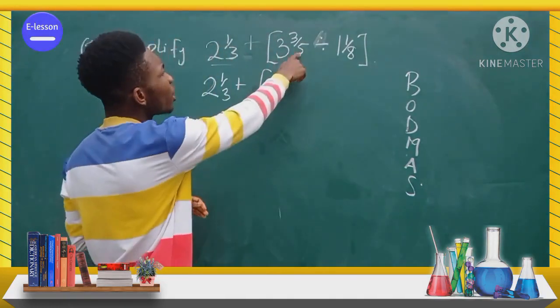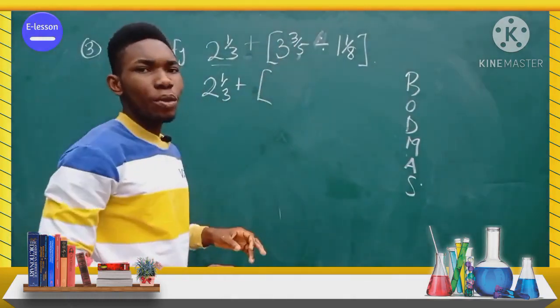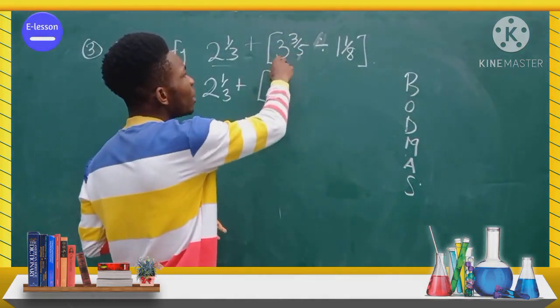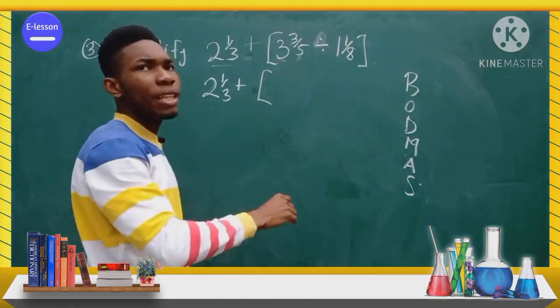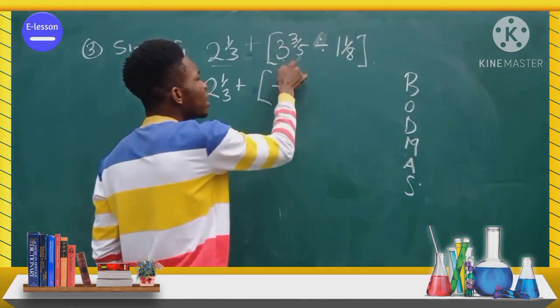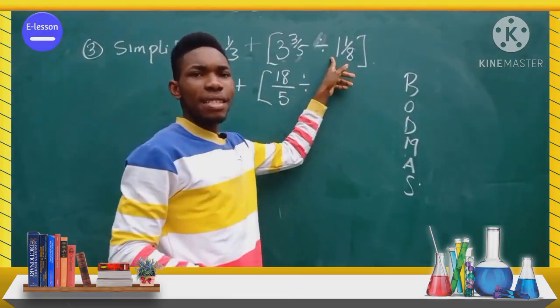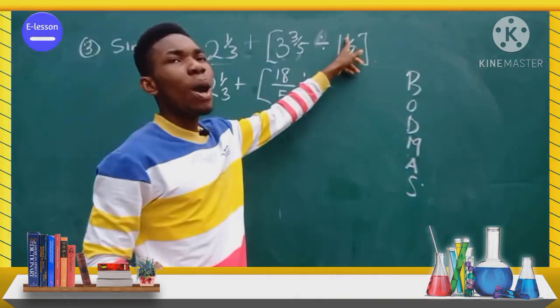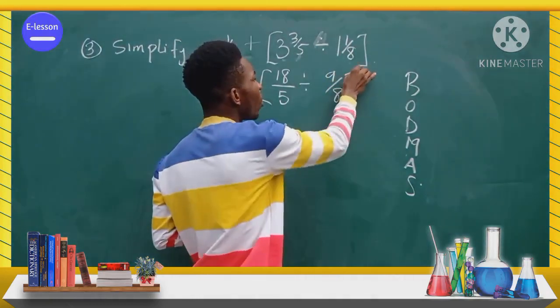We use the denominator to multiply the whole number, then add the numerator. So 3 times 5 is 15 plus 3. This gives us 18 all over the denominator, which is 5, divided by 1 times 8 is 8 plus 1 is 9. So we have 9 over the denominator 8.